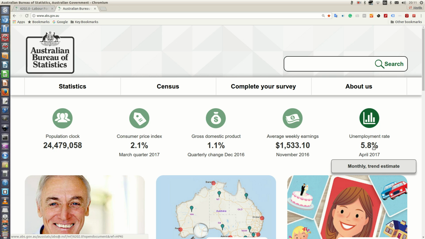But there's another problem. If you increase the sample size, that will increase the burden on Australians having to do this survey. So it's a difficult problem to resolve. But the bottom line is that the media should be only reporting on the trend estimate for Australia, as that would be the most reliable estimate to look at.